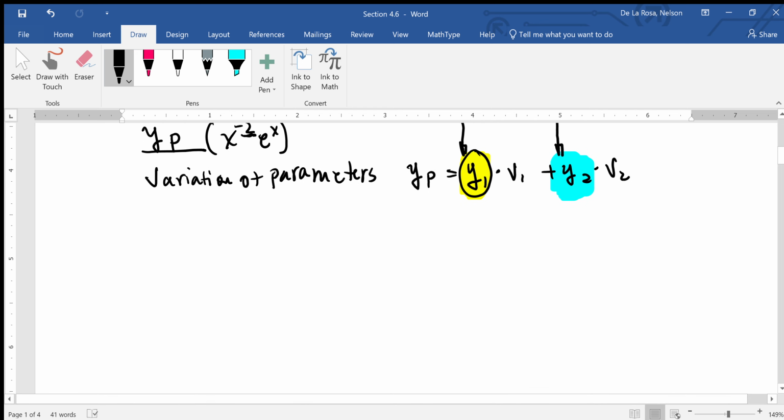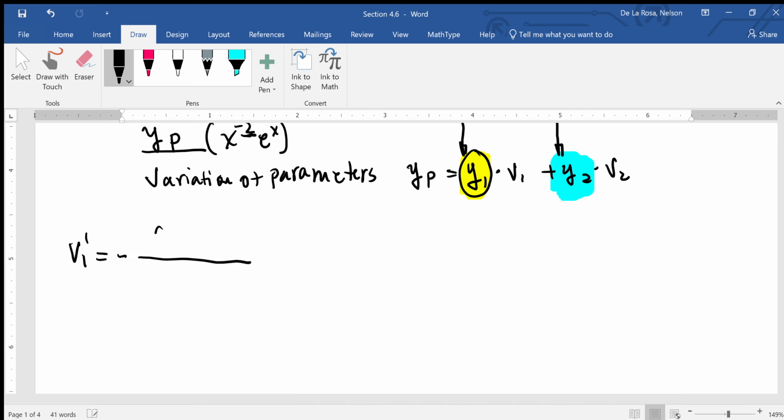We know that v1 prime is equal to negative f of x times y2 divided by a times y1 times y2 prime minus y1 prime times y2.